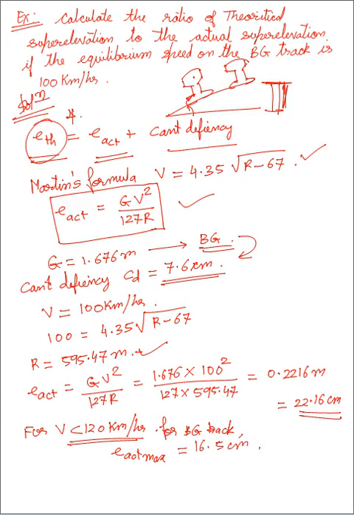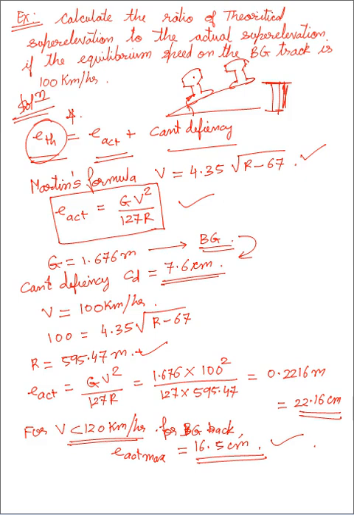So this value is for velocity less than 120 kilometer per hour and for BG track. Okay, so now we have to take this value. E actual, we should not take this 22.16 centimeter, we will take this value 16.5 centimeter.